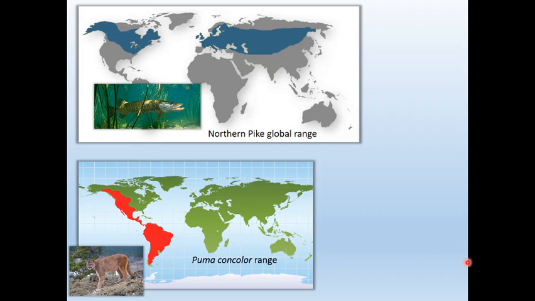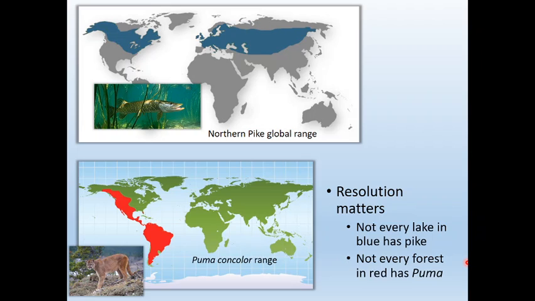So, when we think then at this huge global species scale, we also need to think about resolution of these maps, right? So, in this thing, not every lake here in this area has northern pike in it. Not every forest in the red area here has a puma in it, right?